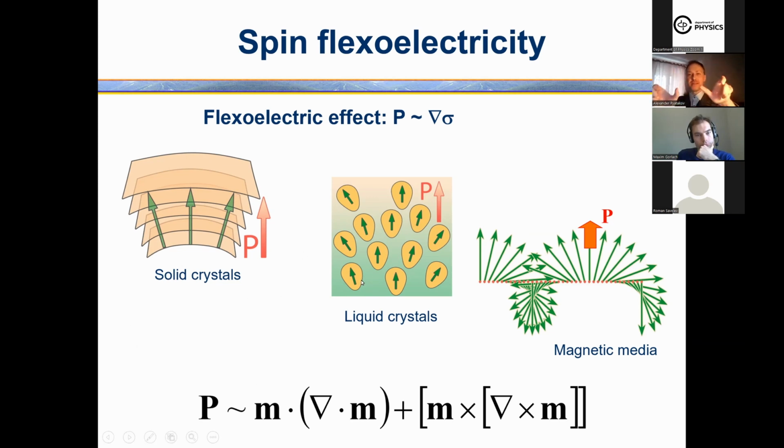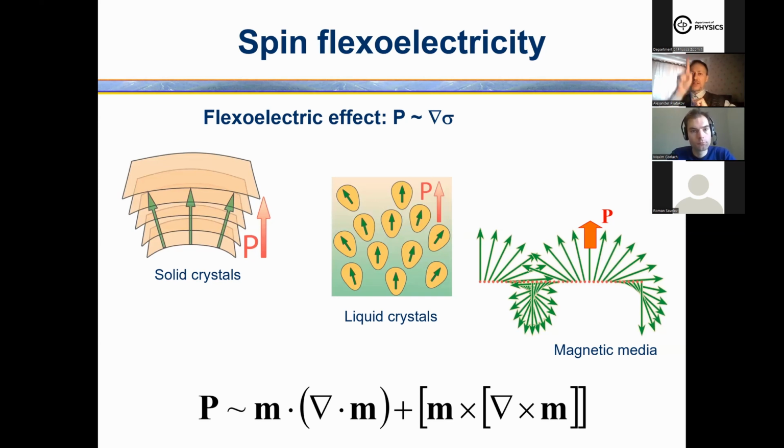The idea of bending. When we bend the body, the upper layers are stretched, the bottom layer shrunk, so there is a gradient of deformation, and this is polar vector gradient. Yeah? And the same is for the magnetic ordering. You do not bend the crystal, you bend the vector field of magnetization, but the symmetry consequence is the same.